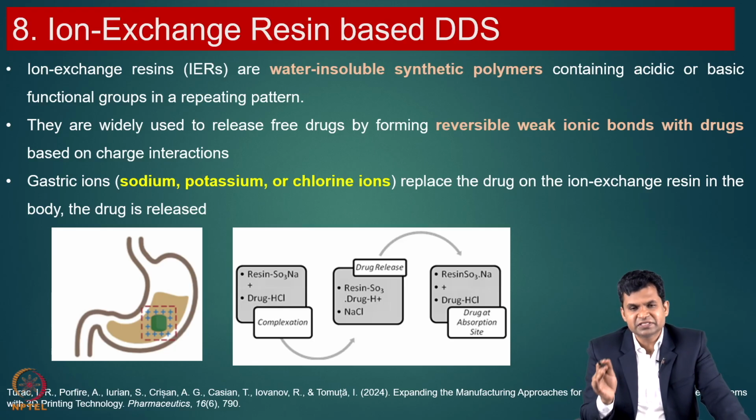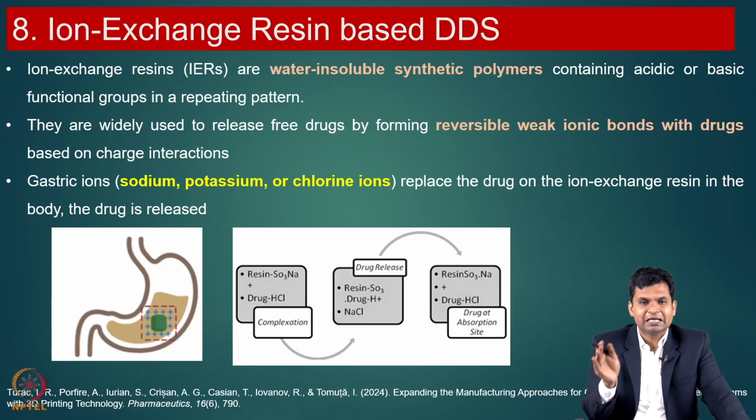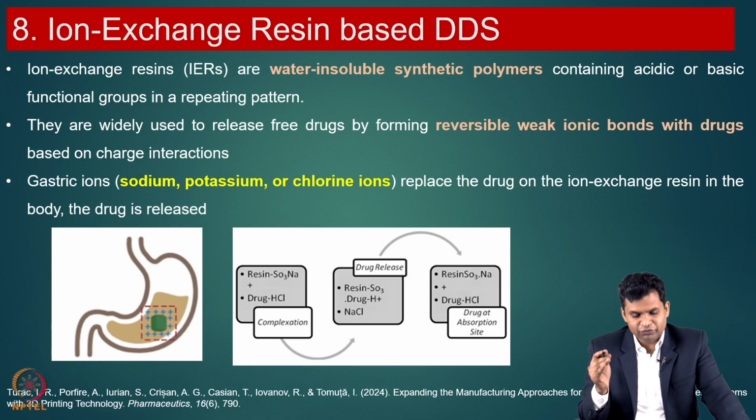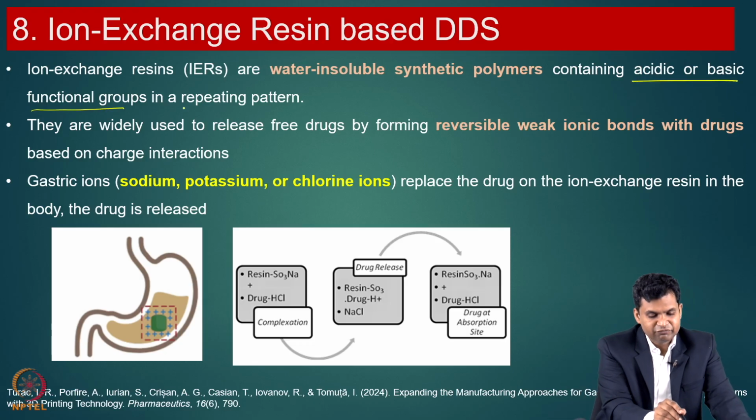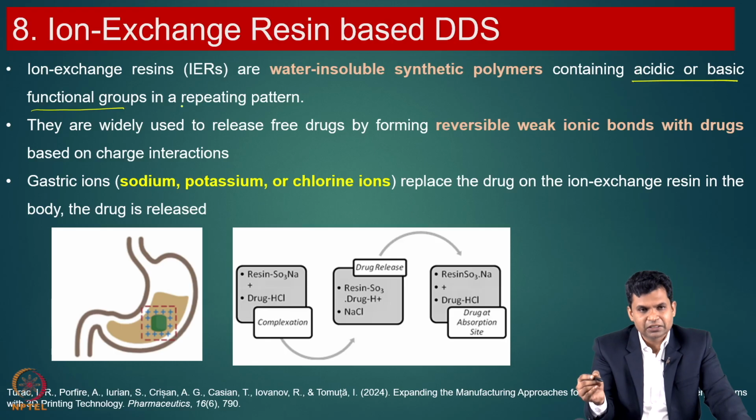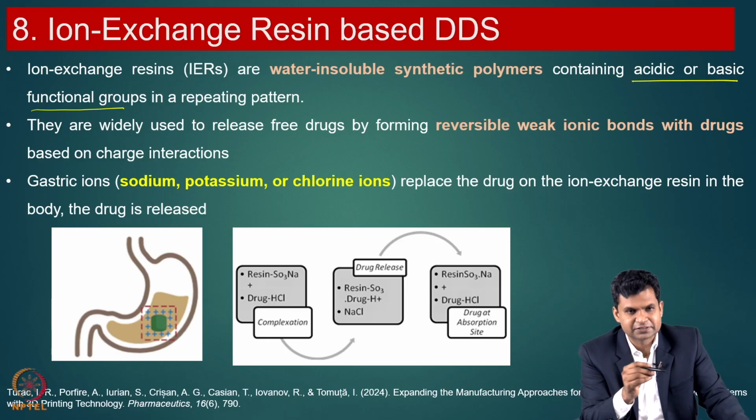This we have specifically discussed in our controlled release drug delivery formulations. So, these ion exchange resins utilize various types of acidic and basic functional groups, which help in drug release.